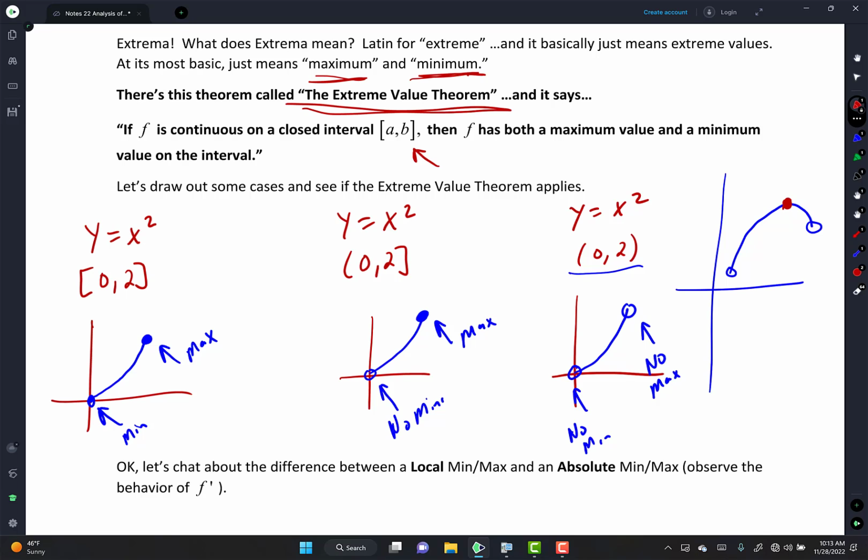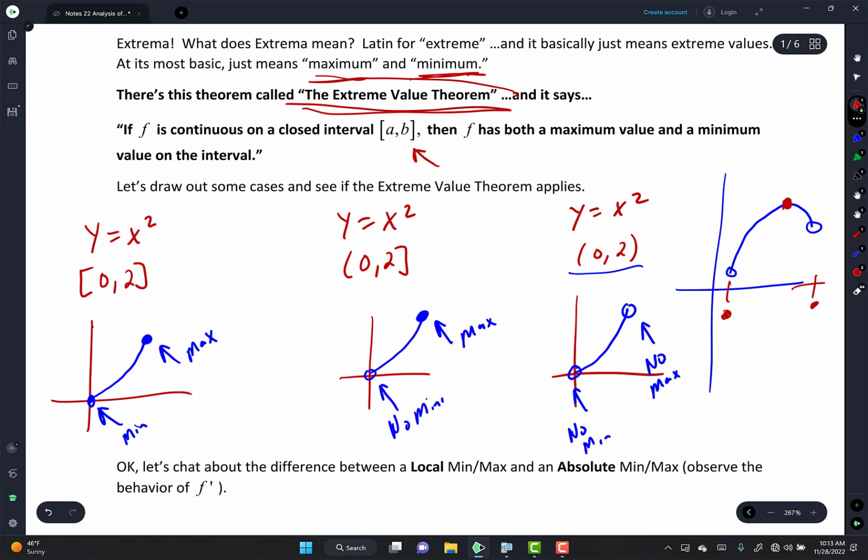Oh, it is a value because it's continuous. It's continuous, but it's just not at the end points. Like, we have to be continuous on a closed interval.